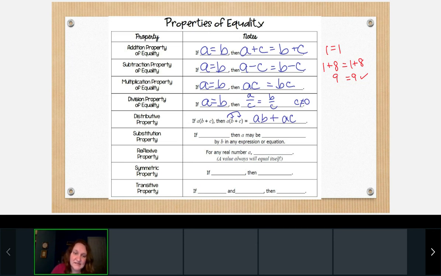Substitution says that if A equals B, then anytime you see an A, you can replace it or substitute it with a B in any expression or equation. So if I tell you that A equals 7, you already know what B equals, because you can replace the A with the B and say that B equals 7.